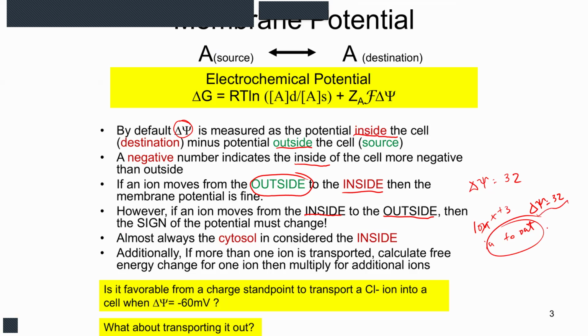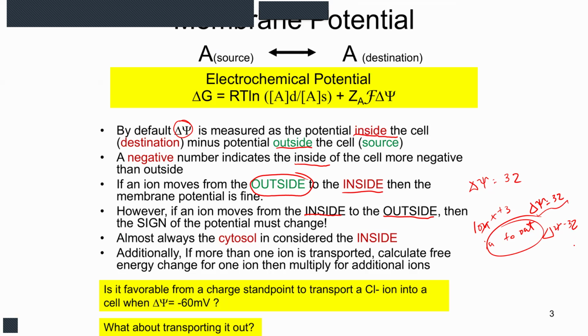That means that this delta psi needs to be -32. You would change that. Now, almost always the cytosol is considered the inside of the cell. There are, however, situations where that would be different, and you would be prompted with that in the question.